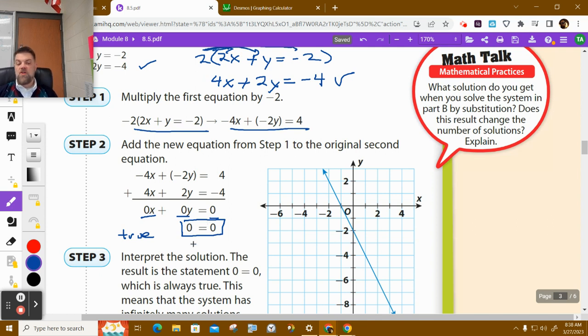It'll be like 0 equals 0 or 3 equals 3. Whatever that is, you'll get the left-hand side equaling the right-hand side. And as long as that statement's true, 4 equals 4, 7 equals 7, 10 equals 10, then you have infinitely many solutions. So the graph, I think you understand, but now they want you to understand how to do this with algebra. Does that make sense?